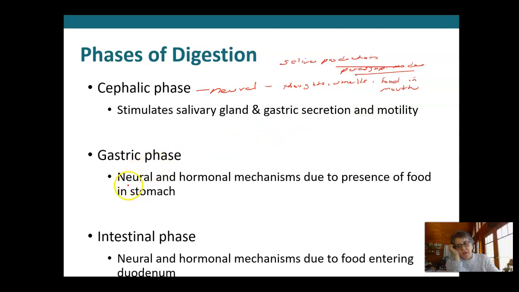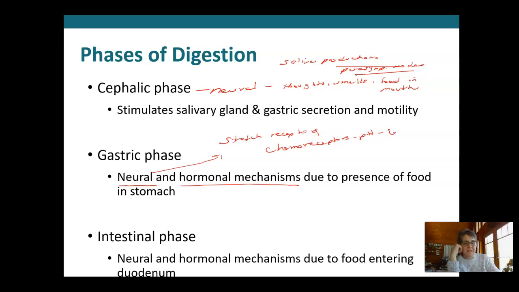When we get to the gastric phase, there are two parts: neural and hormonal. The neural part is due to stretch receptors in the stomach, a feedback mechanism of, hey, my stomach is fuller, stimulate gastric secretions, and also chemoreceptors that are looking at the pH.